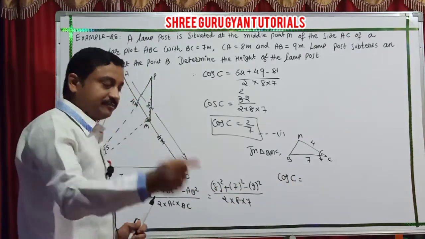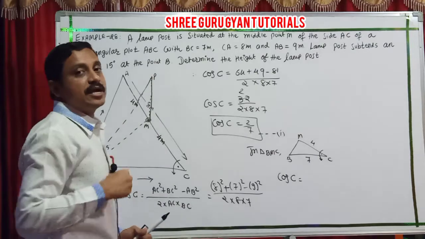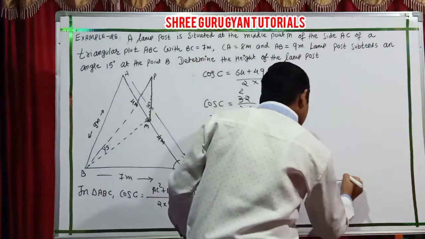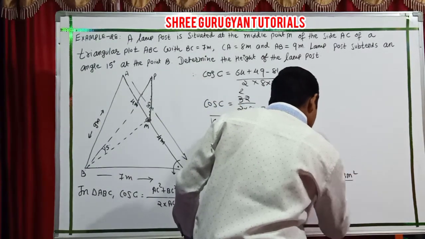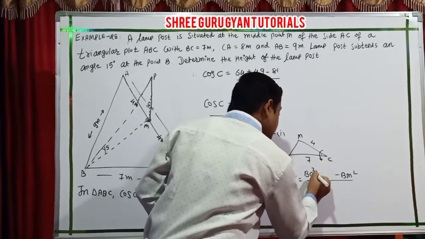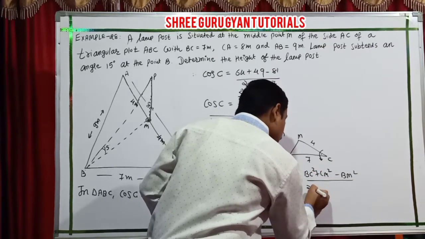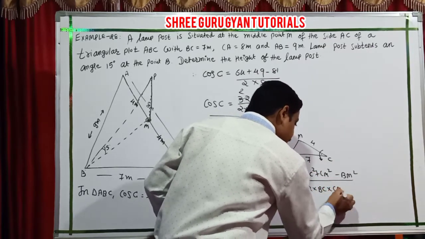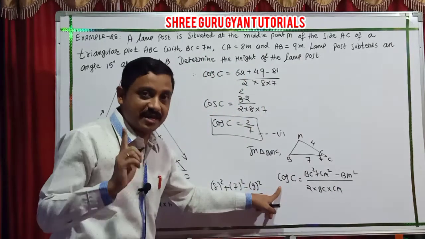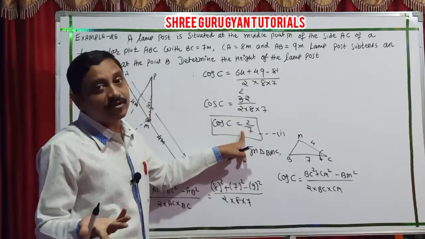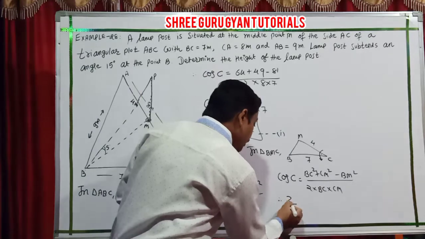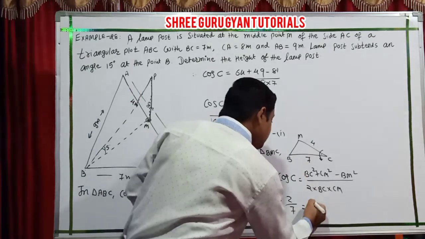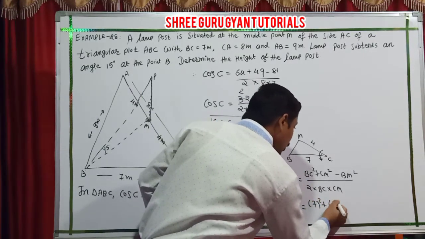Yes, so again cos C, students, I write down in this triangle BMC, particularly this triangle. And after that I start with PMB. So cos C equals BM square minus, the other are BC square plus CM square, by 2 times BC into CM, and this cos C, yes students, I know is 2 by 7. So easily I put it here 2 by 7. BC is 7. CM 4.